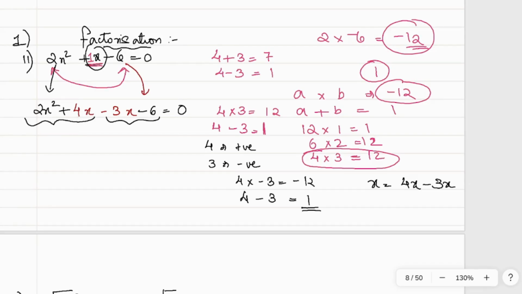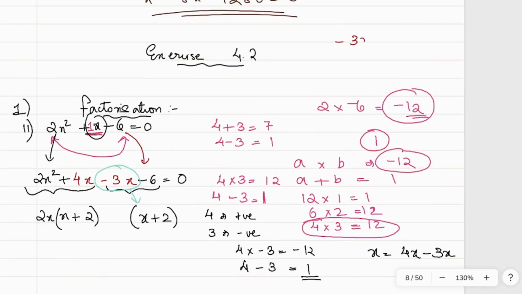From 2x square and 4x, we can take 2x outside as a common factor. So x plus 2 is remaining from that part. In the next part, put x plus 2 in the same way. Now check the third term, minus 3x, and divide it by the x in the first part.